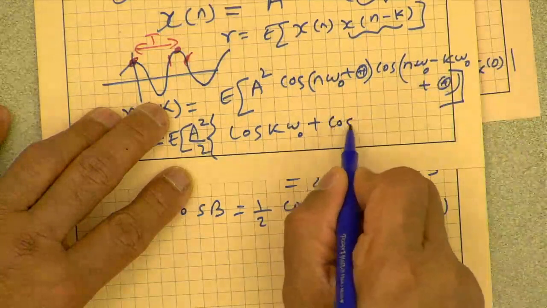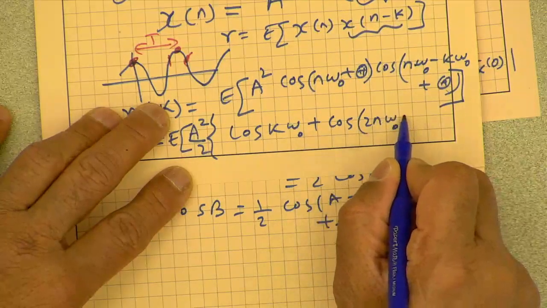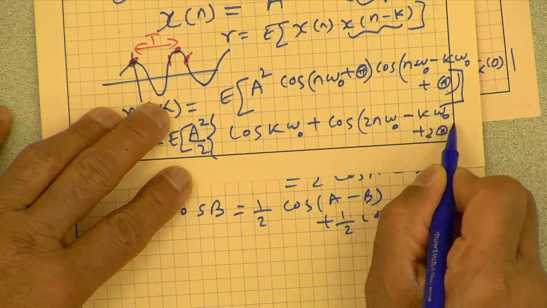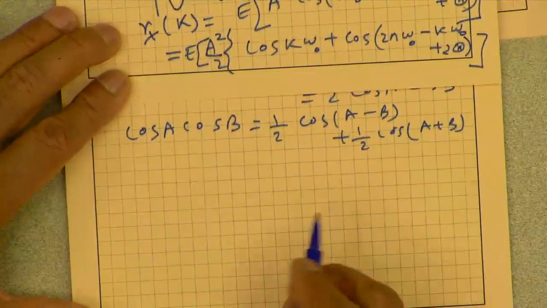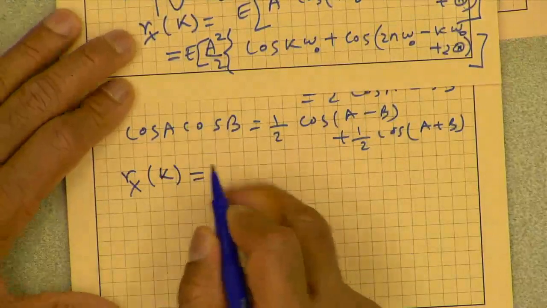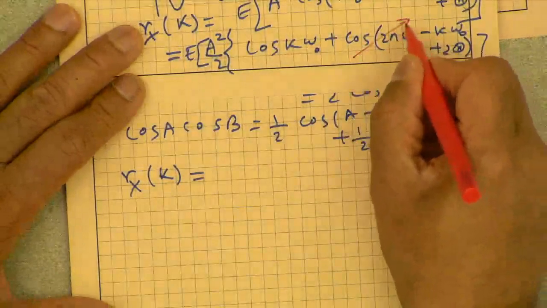If I add these two, this is cosine 2n omega naught minus k omega naught plus 2 theta. So for Rx k, the expected value of any cosine is 0.